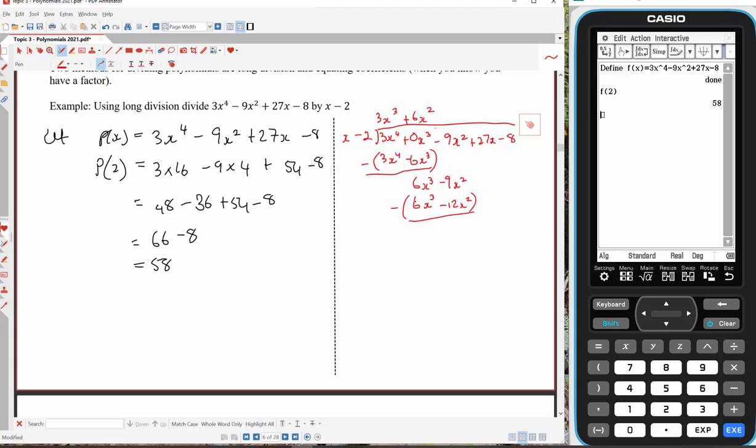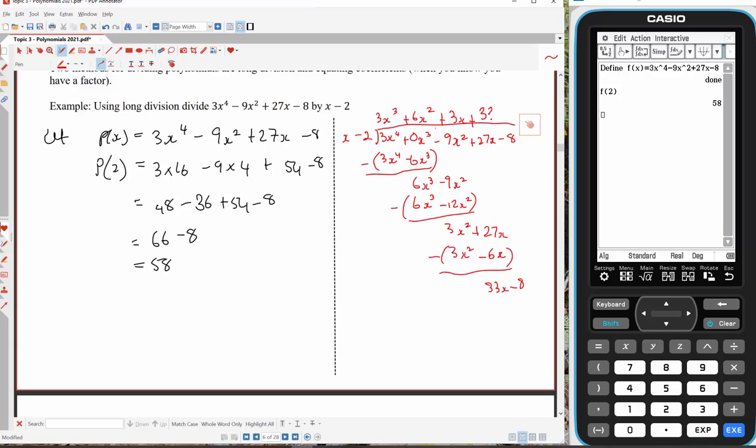Okay, we've got negative 9x squared, subtract negative that, which is 3x squared, bring down the 27x from there. Alright, x goes into 3x squared, 3x times, 3x squared, take 6x. Okay, we've got 33x, bring down the negative 8.